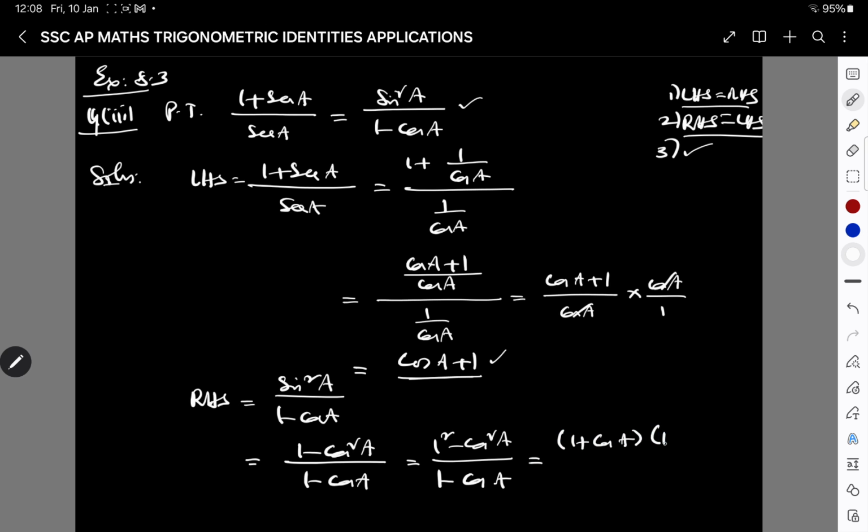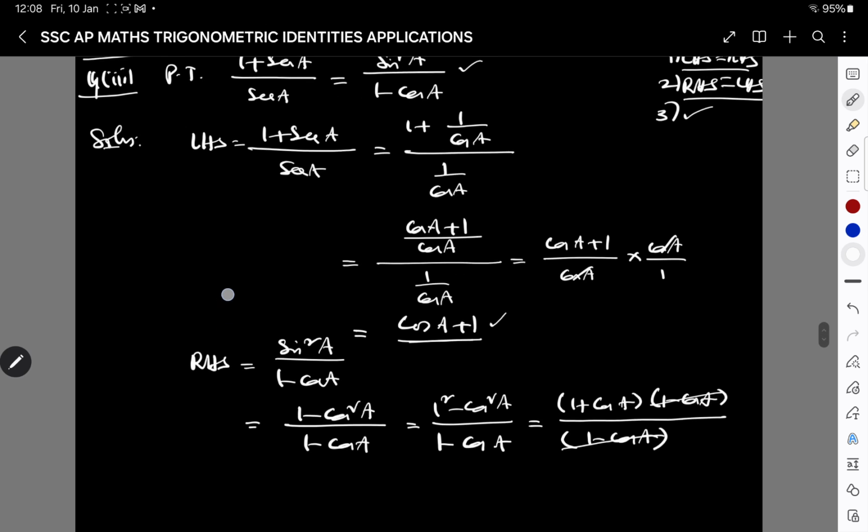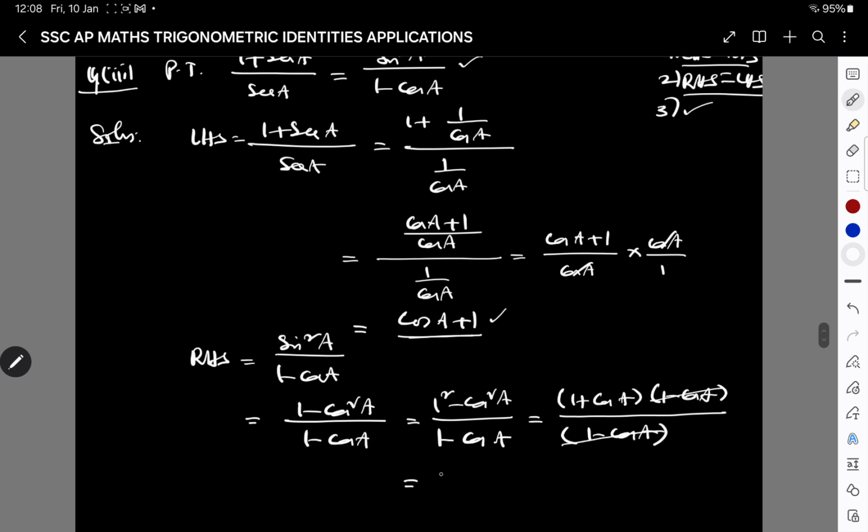So 1 plus cos A into 1 minus cos A by 1 minus cos A, and you can cancel. But while cancelling, don't cancel 1 and cos separately. It is a single expression that you have cancelled. So this is equal to 1 plus cos A. Otherwise you can write it as cos A plus 1.